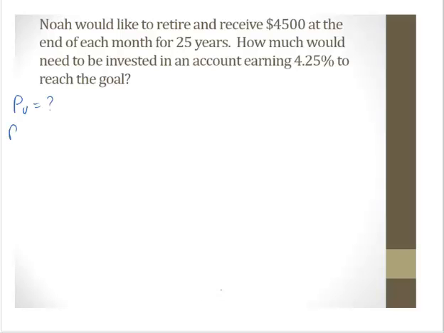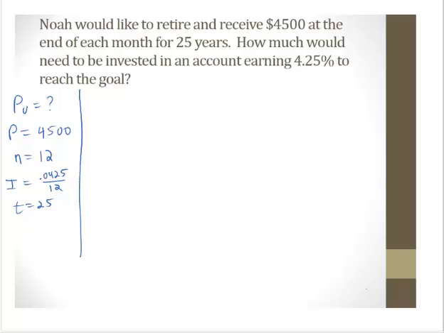We know that the monthly payment would be $4,500. Monthly, so the number of compoundings is 12 per year, and so I would equal 0.0425 over 12. And we know that T is 25 years.